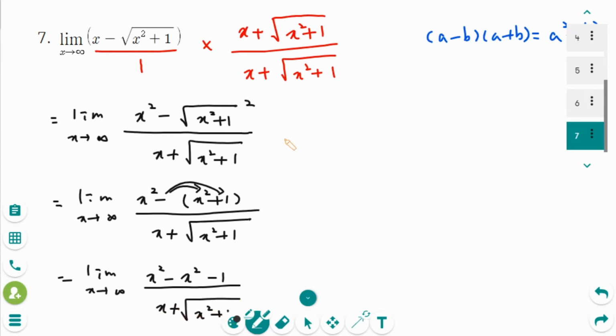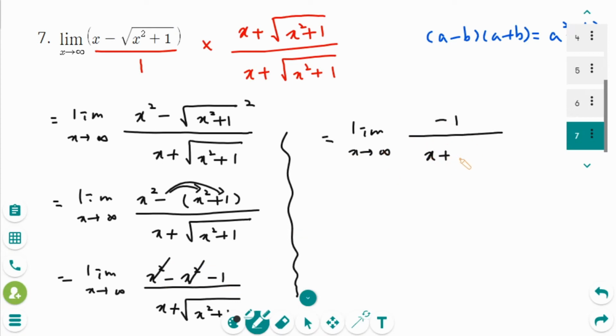So finally we have minus 1 over x plus square root of x squared plus 1. This is not infinity over infinity form. The simplifying shows that.